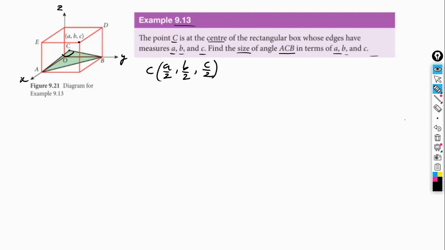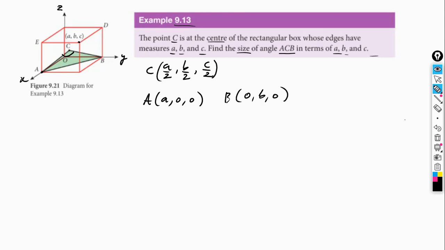Now, in order to solve this problem, we need to know what vector CA is and what vector CB is as well. So point A, right here, would have coordinates (A, 0, 0), and then point B would have coordinates (0, B, 0).